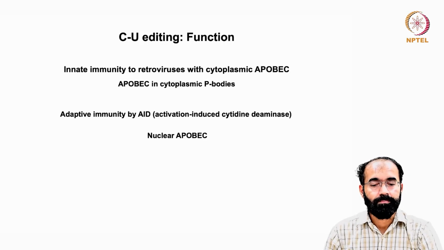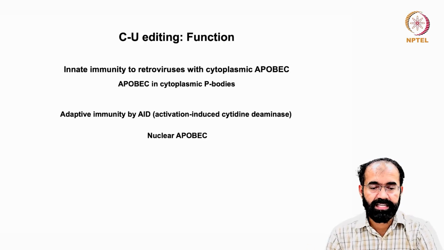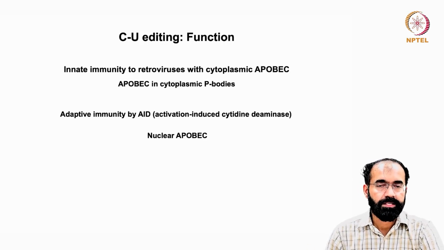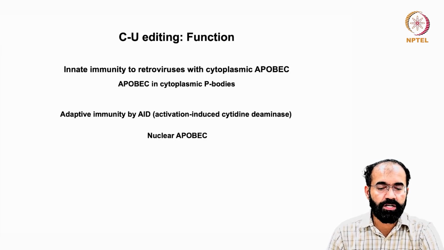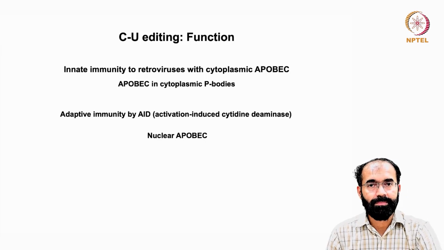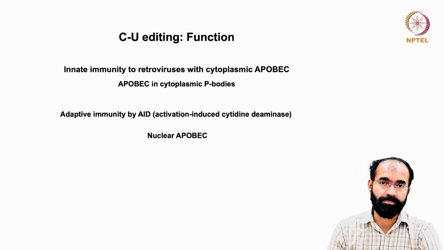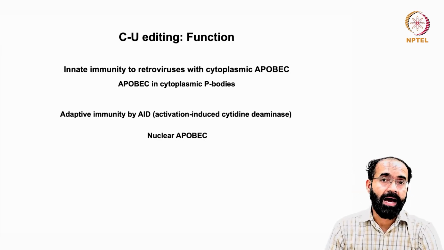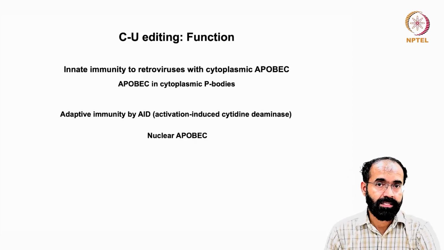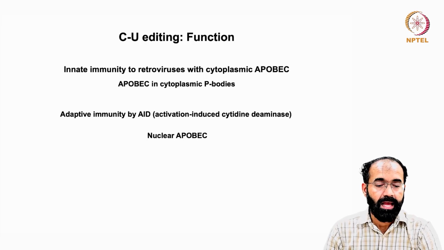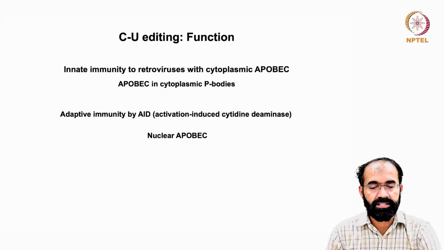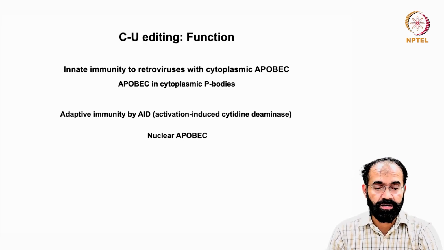Now let us see another angle of functioning of the CU editing. So the innate immunity to retroviruses with cytoplasmic APOBEC. APOBEC can be nuclear as well as cytoplasmic. Okay, so RNA can be edited in both the places depending upon which RNA you are talking about. And APOBEC is associated with cytoplasmic P bodies. And the adaptive immunity by AID.